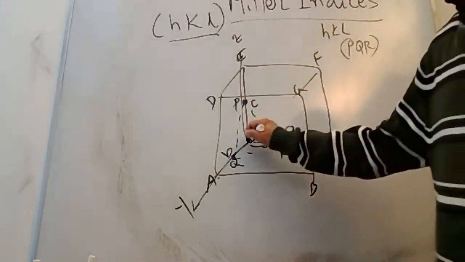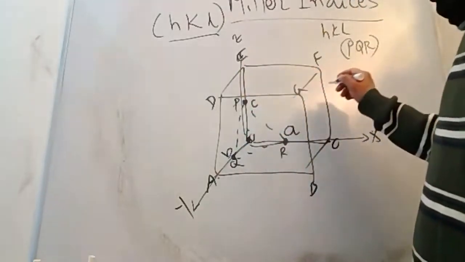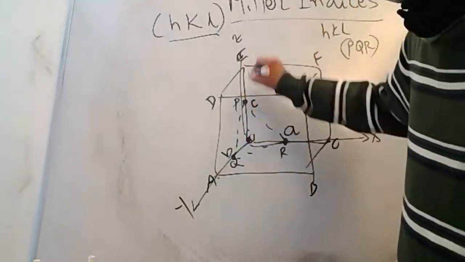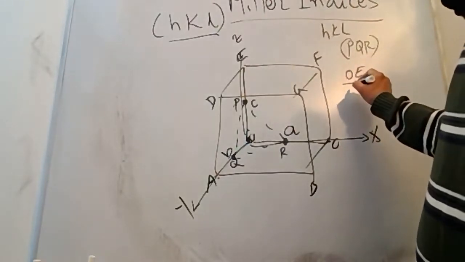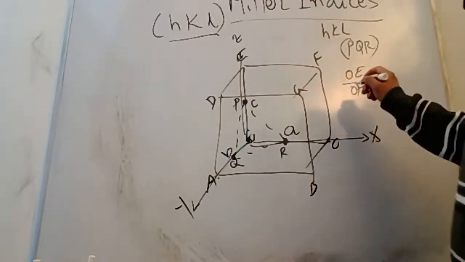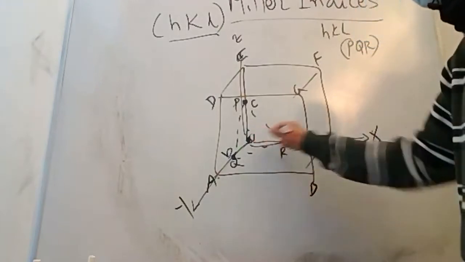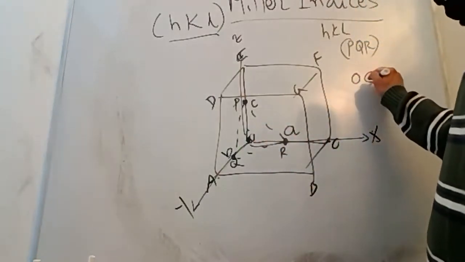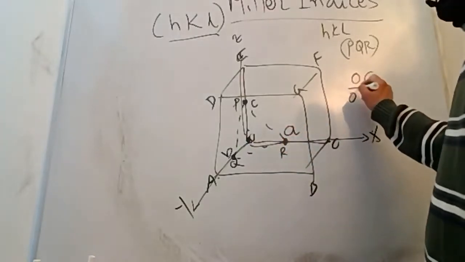So when you look at the intercept, here it is OE divided by OP along the z-axis. So let's first talk about x-axis. So OC is the A, and this point is R, OR.